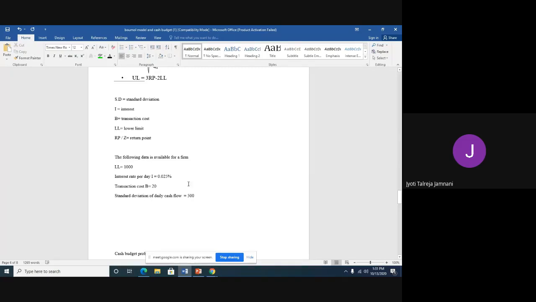These are the values given. They are asking you to find the return point and the upper limit. Find RP and upper limit.